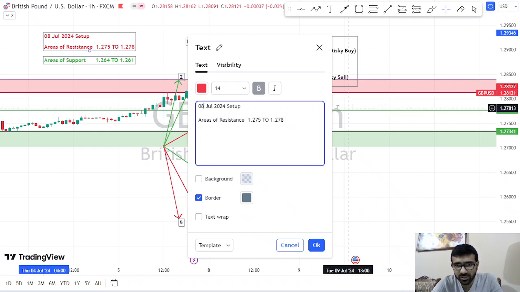The new area of resistance is 1.281, the resistance zone is 1.283.